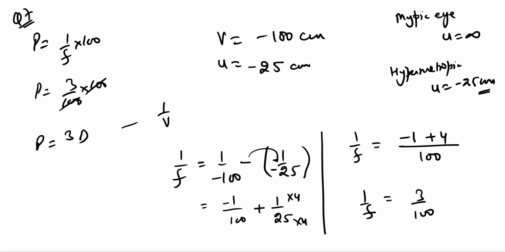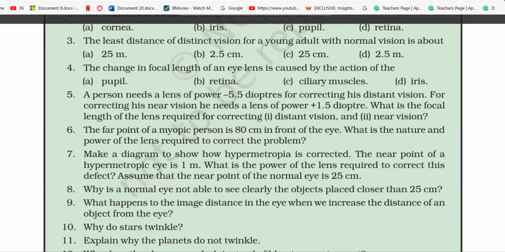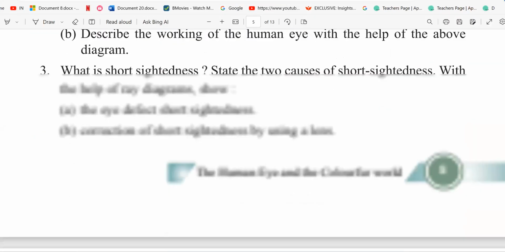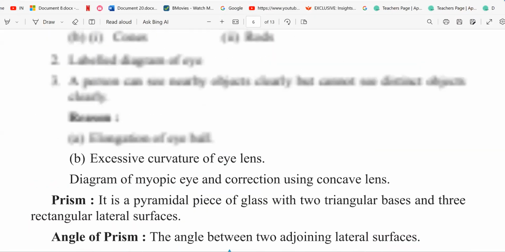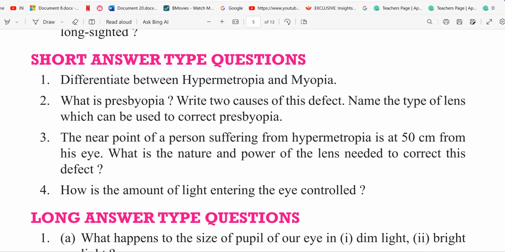Yes, sir. Okay. Now let's calculate the question that we were doing previously. Now do question number 3. You have done this type of question, now you can solve this one.